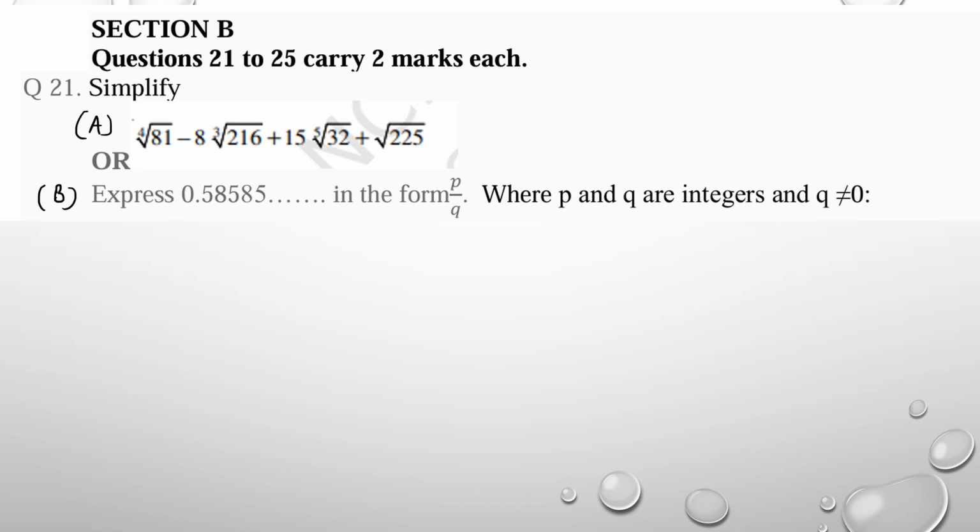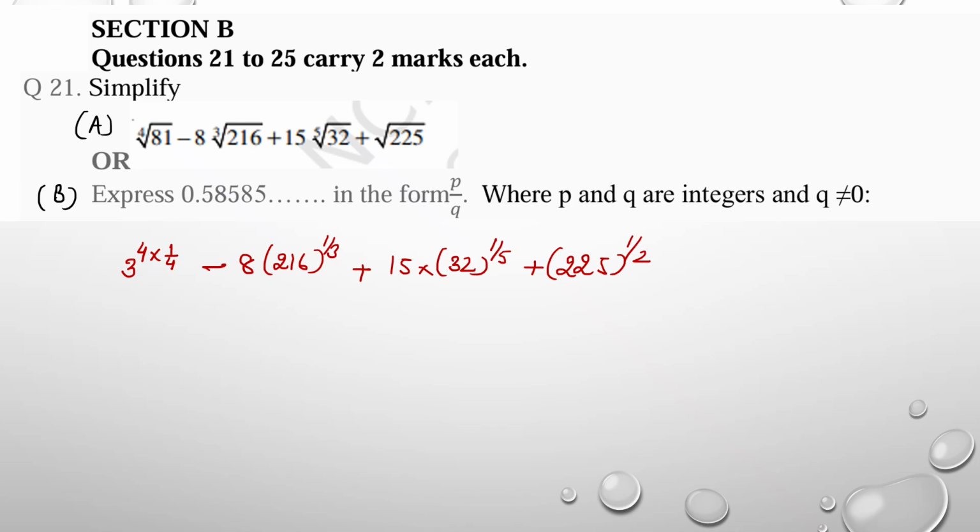Fourth root of 81. So we can write 81 as 3 raised to the power 4, 1 by 4, minus 8 into 216 raised to the power 1 by 3 plus 15 into 32 raised to the power 1 by 5. रूट वाले हम फ्रैक्शन में लिखते हैं, 1 upon the root. 225 is square root, so 225 raised to the power 1 by 2. अब try to write this 216, 32, 225 in such a way कि इसका जो denominator है वो cancel हो जाए.